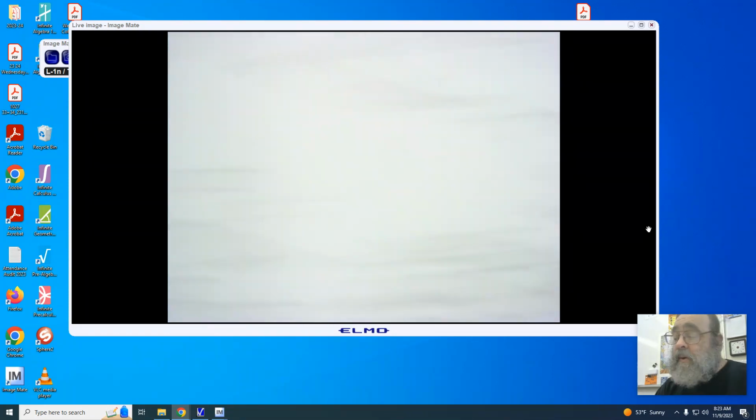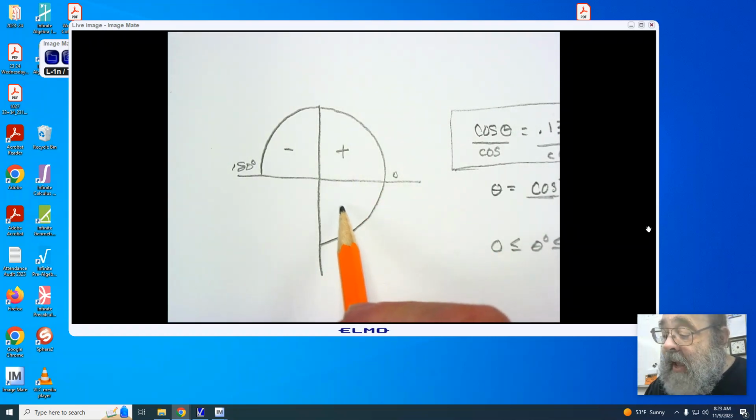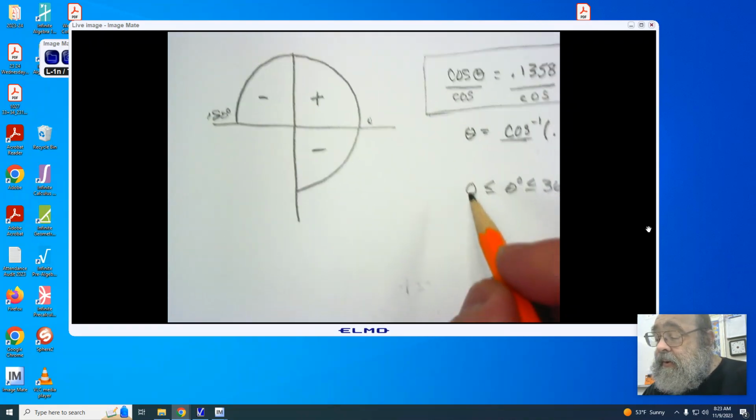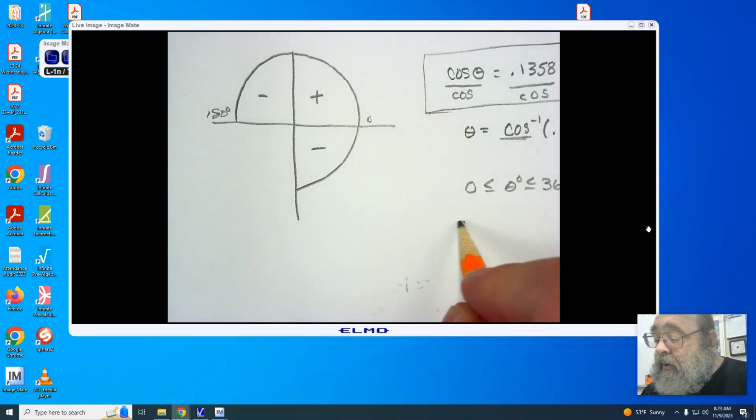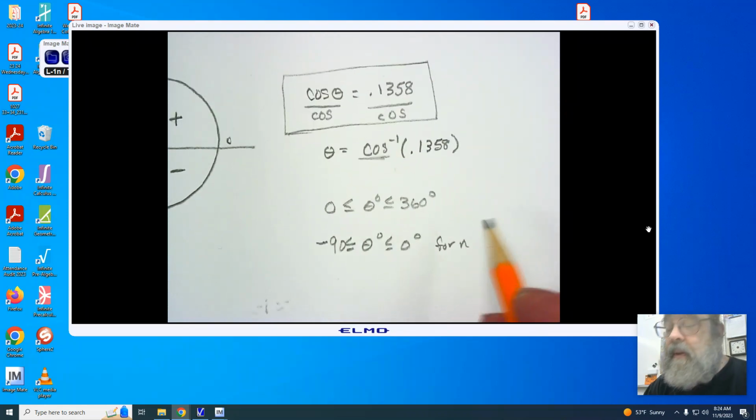Sine works slightly differently. Sine now uses the first and the opposite of the first quadrant, which means that the answers that sine will give you are between -90 degrees and 0 degrees, and this will give you a negative answer.